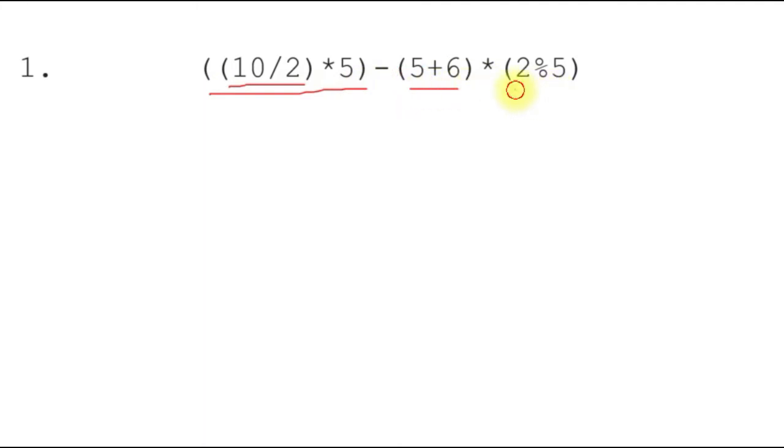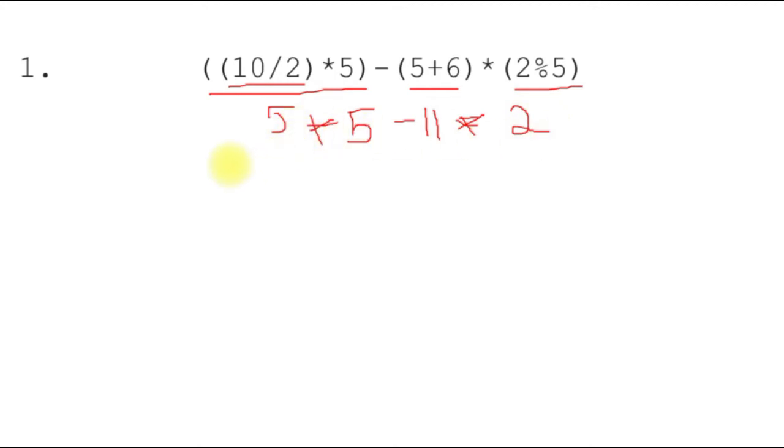So 10 divided by 2 is 5, times 5, minus 11 times 2 modulo 5. Okay, 2 modulo 5. Mas maliit yung nasa left kaysa sa right operand. So the answer here is 2.